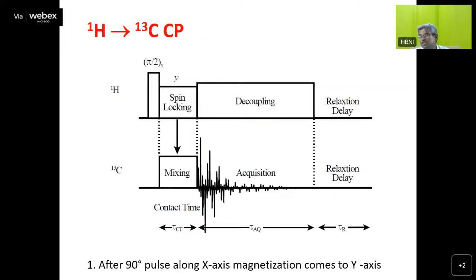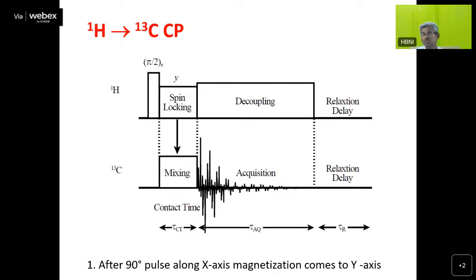You cannot make the frequency the same in the laboratory frame. The frequencies are made the same in the rotating frame. As you might have learned, or it might have been discussed in your previous class, there is something called a laboratory frame, but there is also something called a rotating frame, rotating at the Larmor frequency.